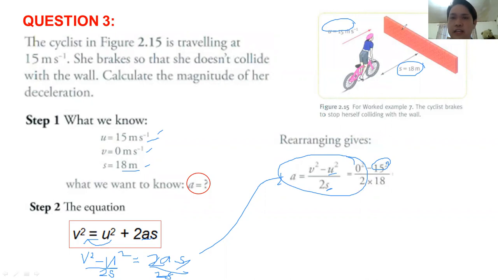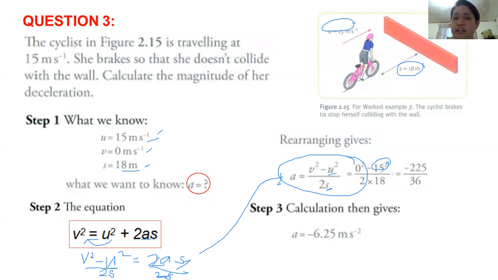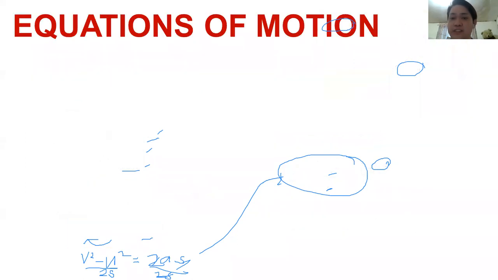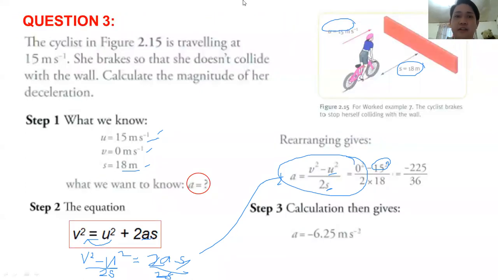After substituting, we can calculate negative 225 over 36. So the calculation gives us acceleration, which is negative 6.25 meter per second squared. And that is our final answer. It decelerates at negative 6.25 meter per second squared.